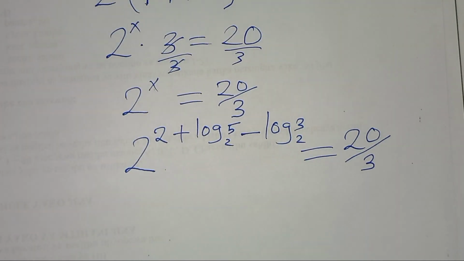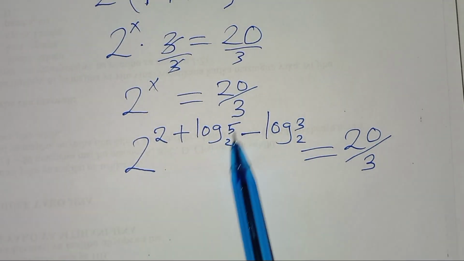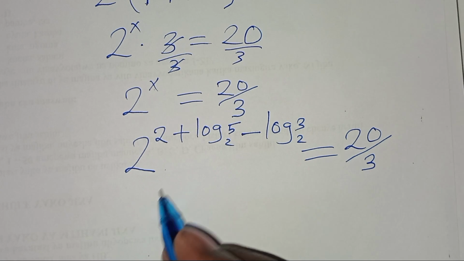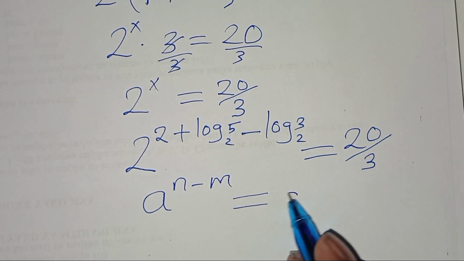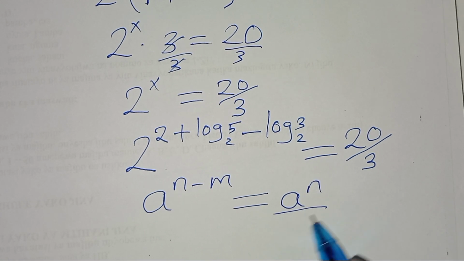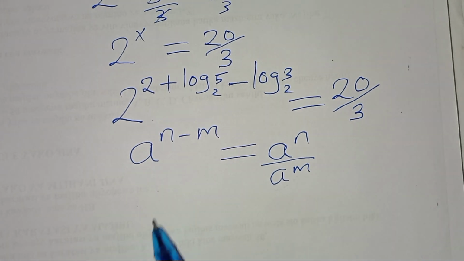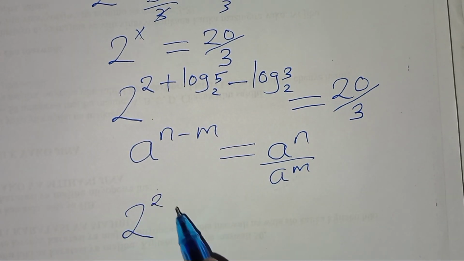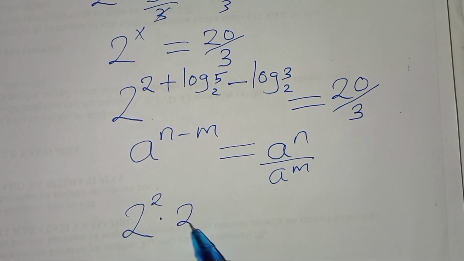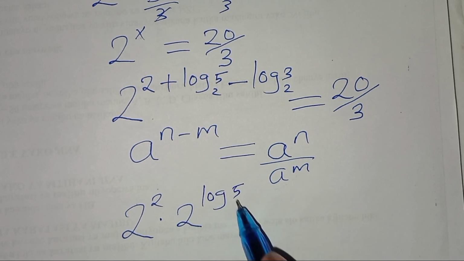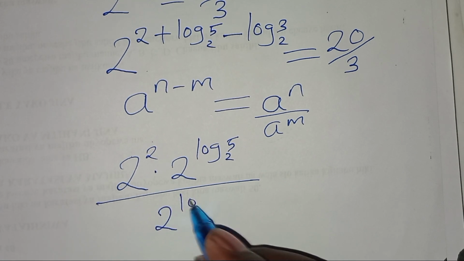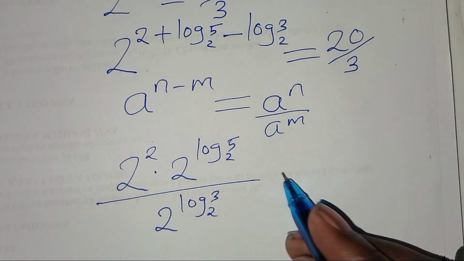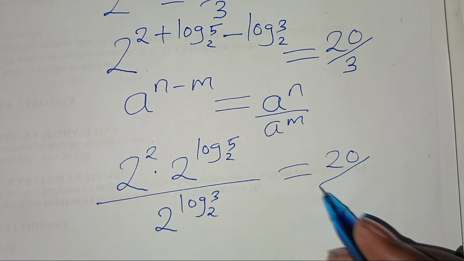Now this is in the form of a to the power n subtract m, which we can express as a to the power n divided by a to the power m. Applying this exponent property, we'll have 2 to the power 2 multiplied by 2 to the power log 5 to base 2 divided by 2 to the power log 3 to base 2. This should give us a value of 20 divided by 3.